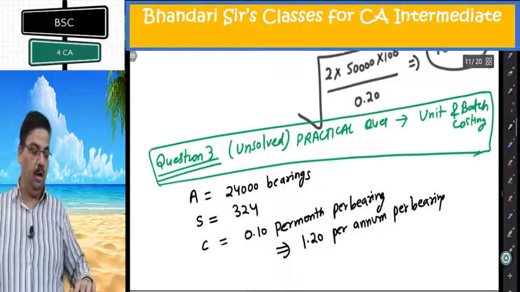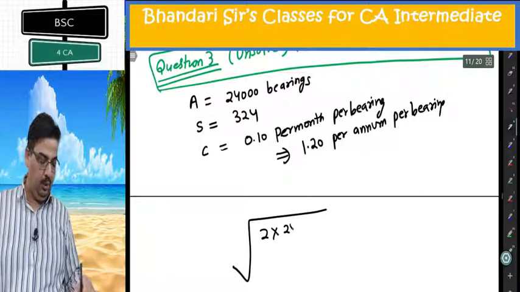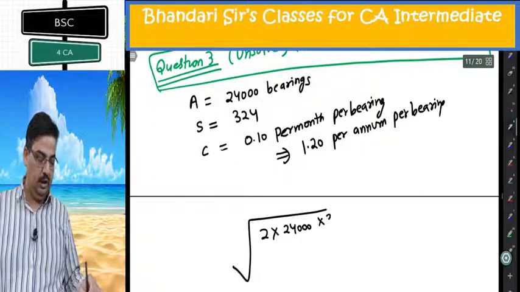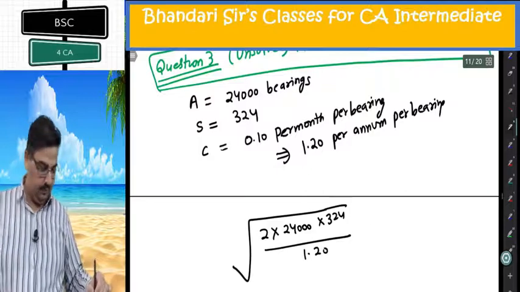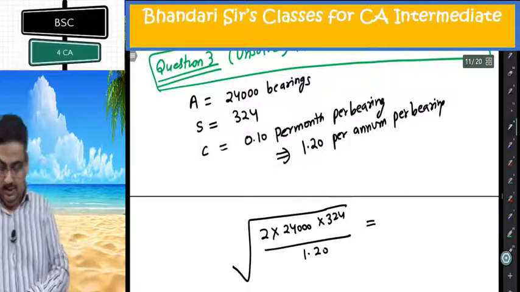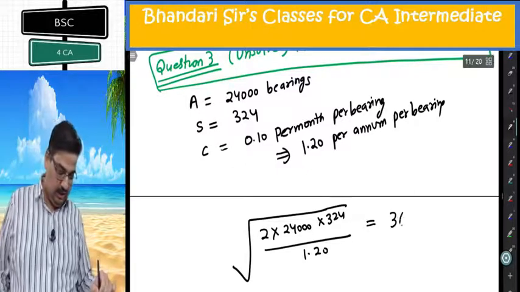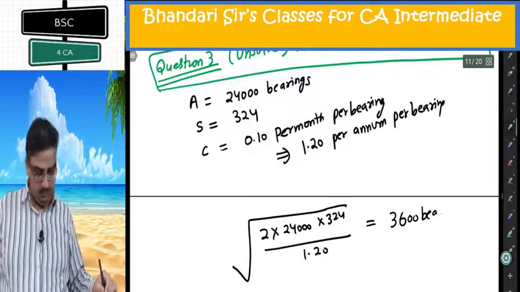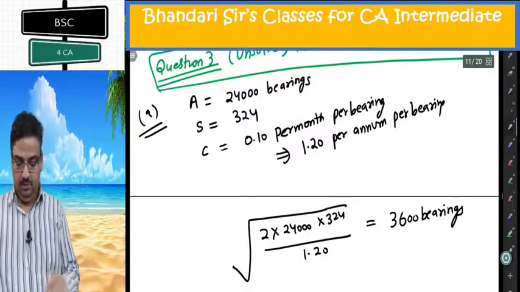Just put in the formula to be applied again: 2 into 24,000 into 324 divided by 1.20. Once you apply this formula, what I am getting there is 3600 bearings. That is the A part of the question.